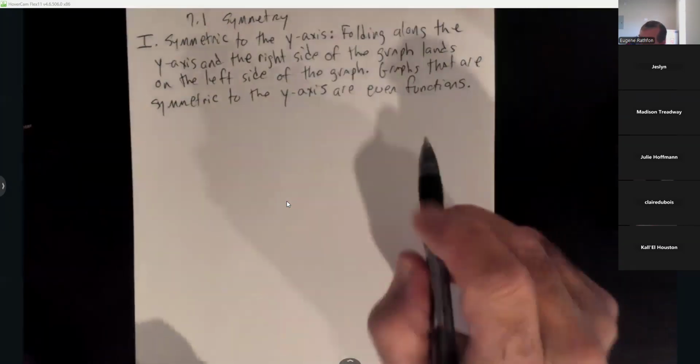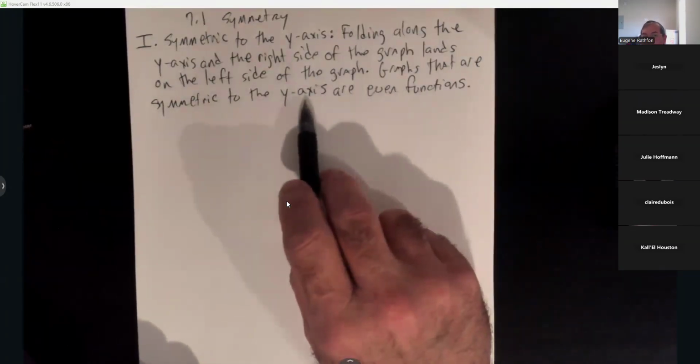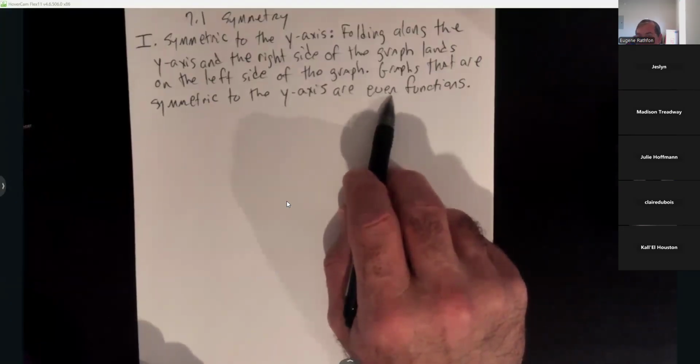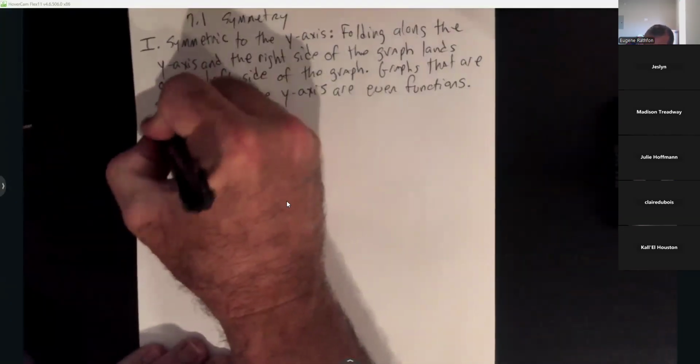Okay. Now that's because the graphs that are going to be symmetric to the y-axis have even exponents. Okay. So they have even exponents.